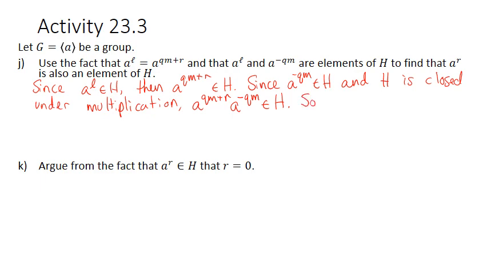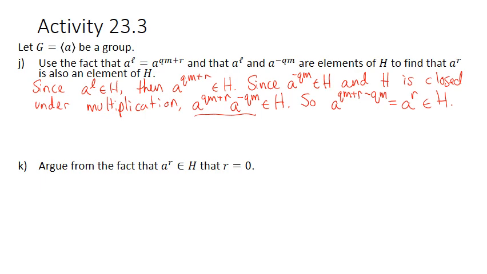So what I'm going to do now is I can say that a to the qm plus r minus qm, which equals a to the r, is an element of H. So I've just simplified that big element that I got over here. And that gives me a to the r.